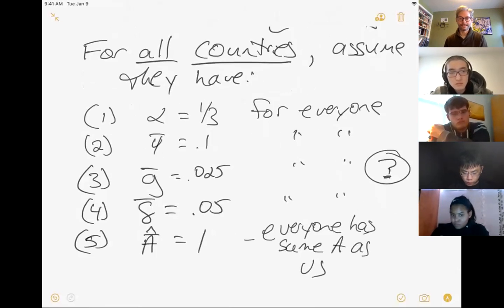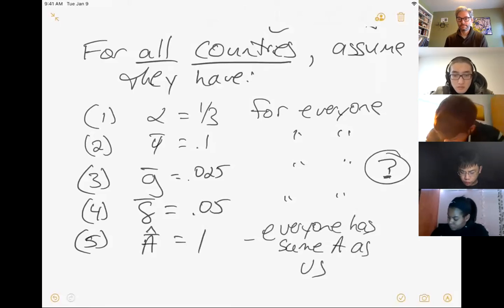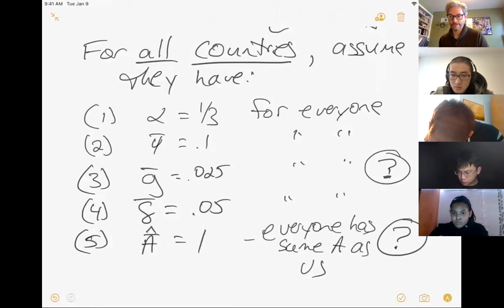Meaning everyone has the same A as the US. Good assumption? No. As we're going to see, it's not. But we're going to start with it, all right, and see how far we can get.